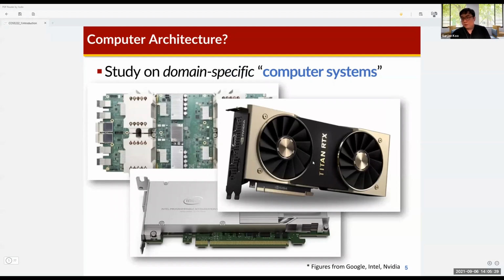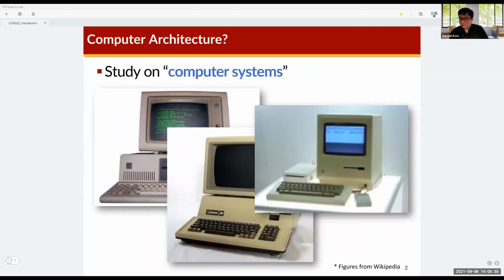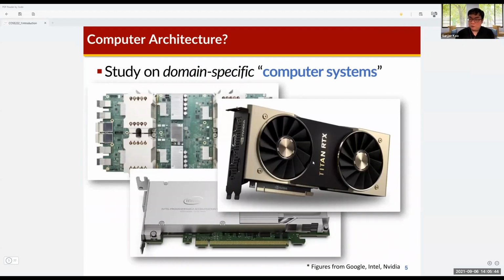Also, computer hardware is advancing. Traditionally, these are some conventional shapes of computer systems, but computer systems are also advancing. We are applying various types of computer processors or hardware in our computer systems. For example, we are using GPU. GPU means the graphics processing unit.